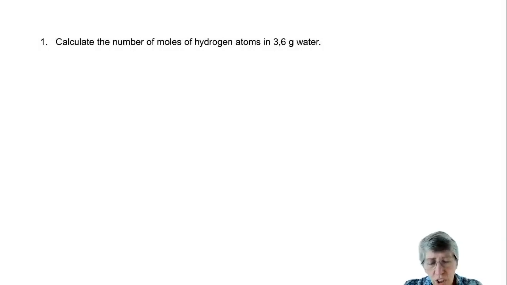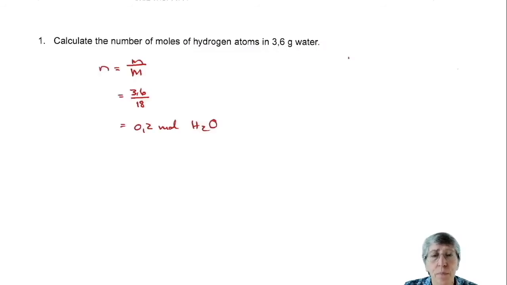Now here they ask you to calculate the number of moles of hydrogen atoms, but what they give us is water. So somewhere along the line, I will have to convert from the one to the other. But first, I'm starting with what they give us. They gave us a mass of water. So let's convert that to moles first.